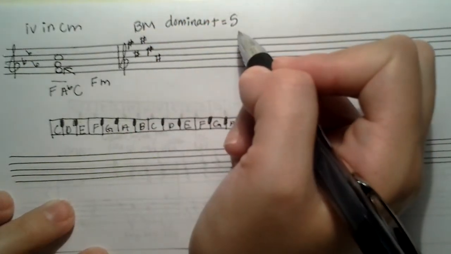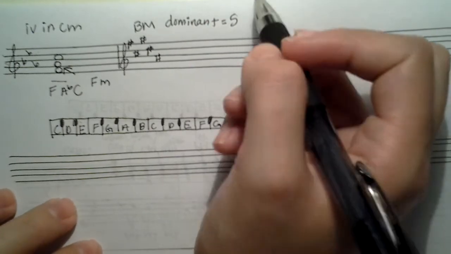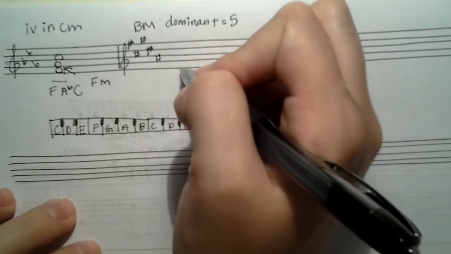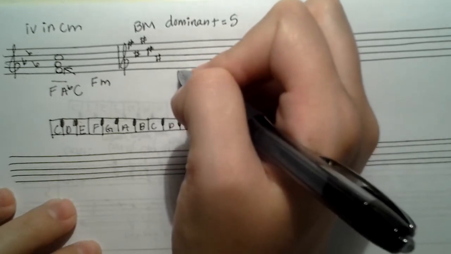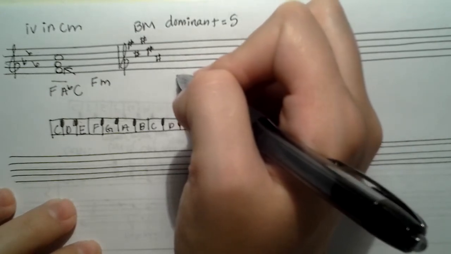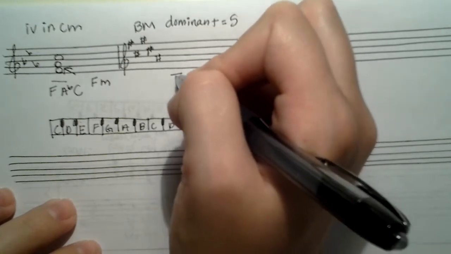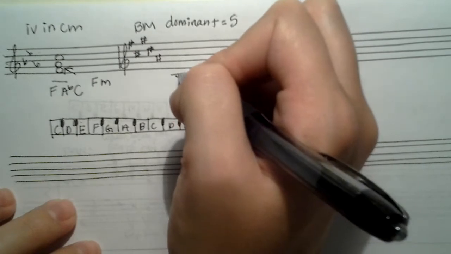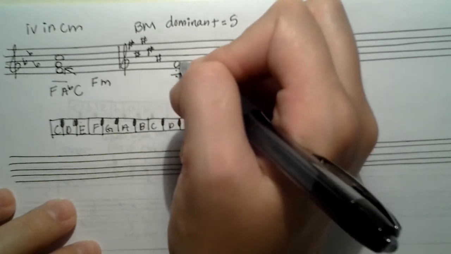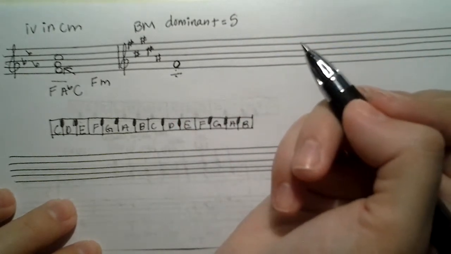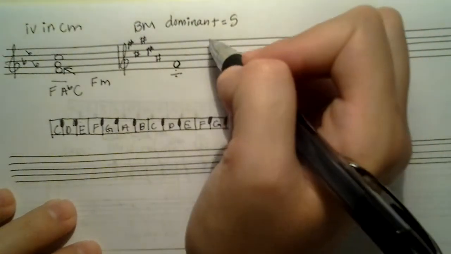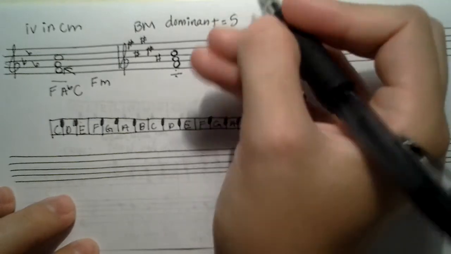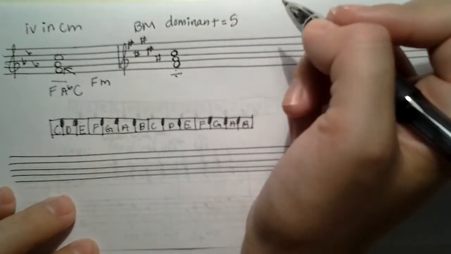Now we need to put our chord in. So it asked for a dominant chord. So we're going to start on 5. Our first scale degree would be B, which was right here. So we're going to count up 5 from B. 1, 2, 3, 4, 5. Land on F again. Now, we're going to fill in our snowman, and then it asks for a dominant 7th.